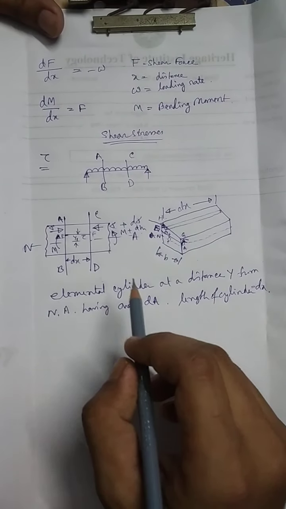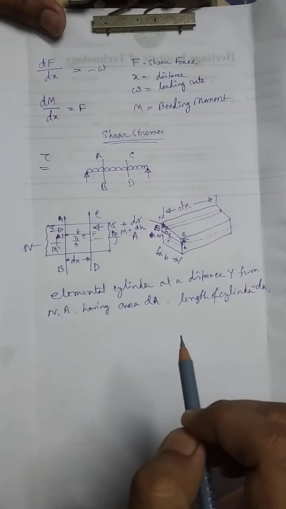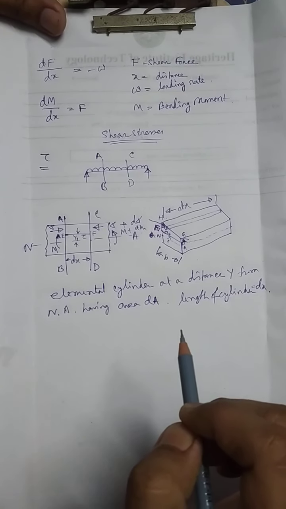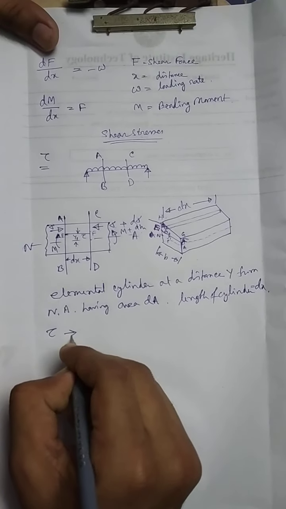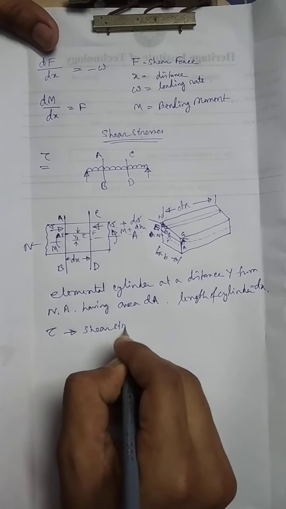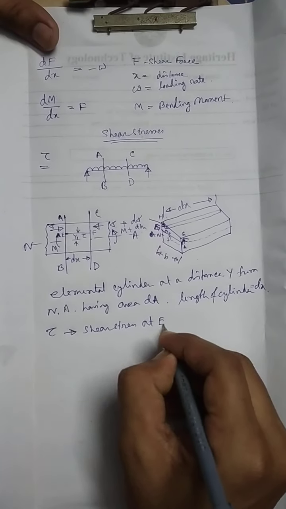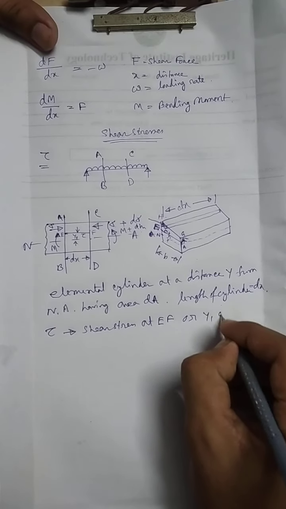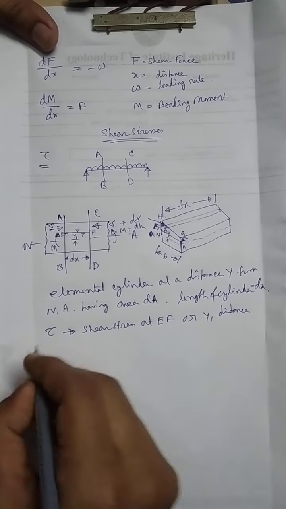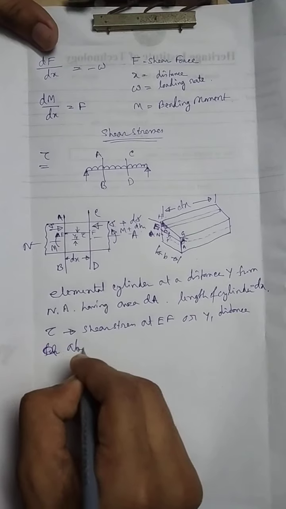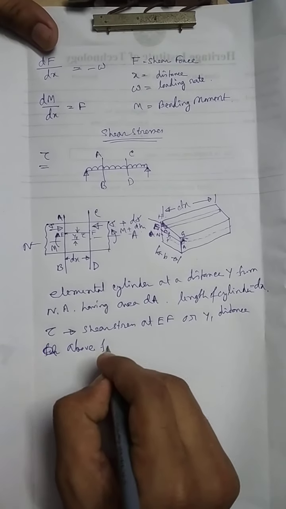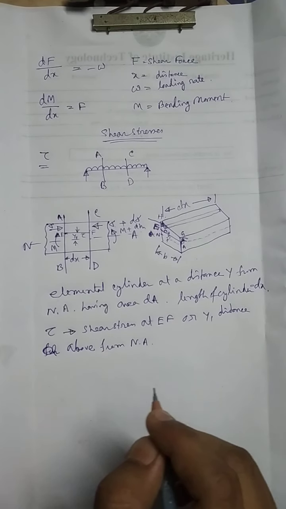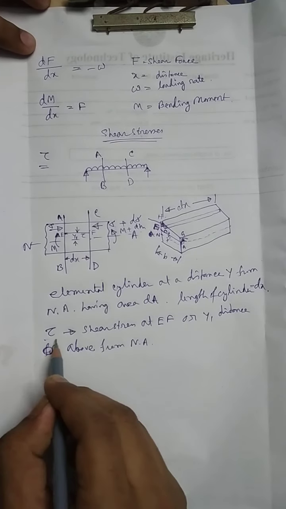That is what we can get from this figure, and our job is to find out tau, which is the shear stress at EF, at a distance y1 above NA.